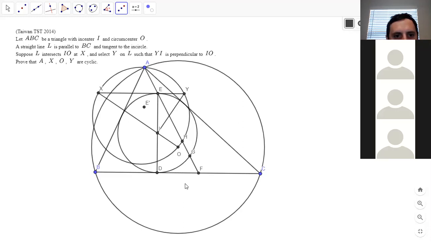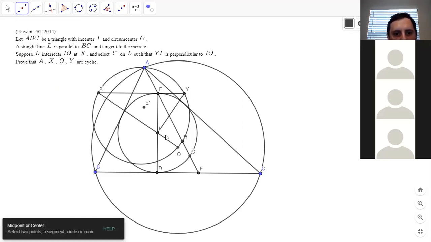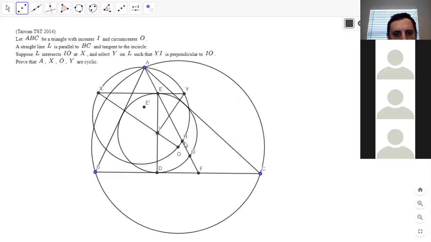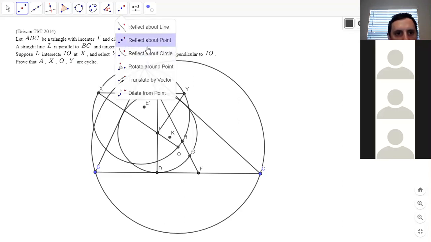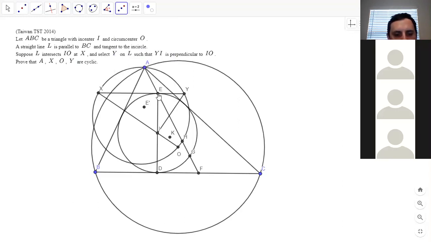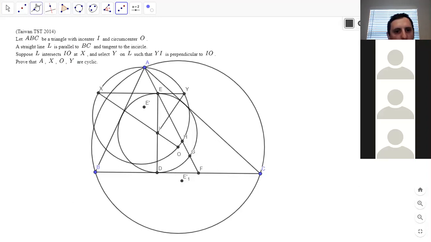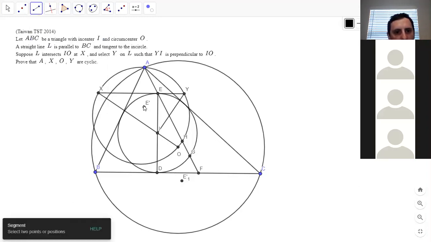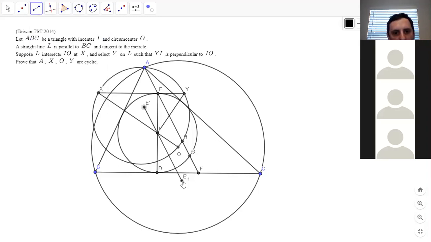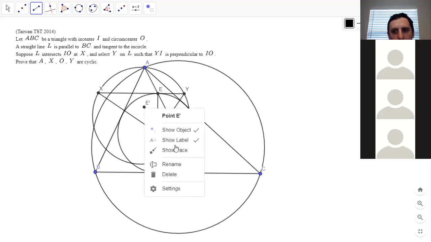So E prime, these three should be collinear. I call them A prime, I, and H prime.